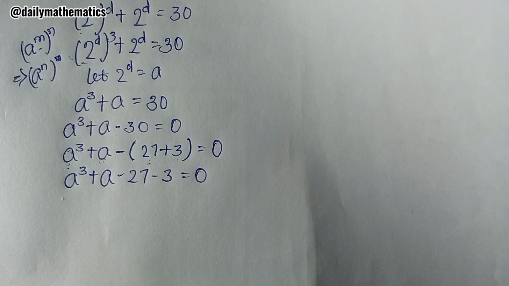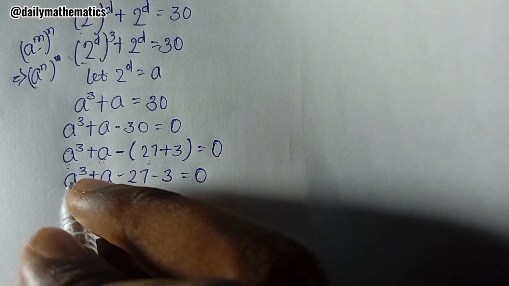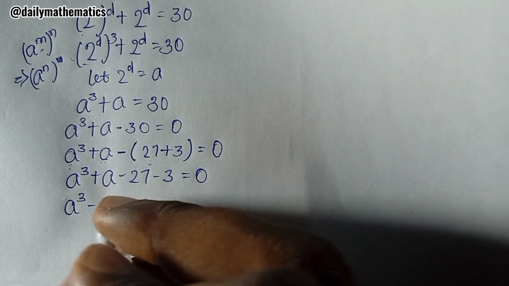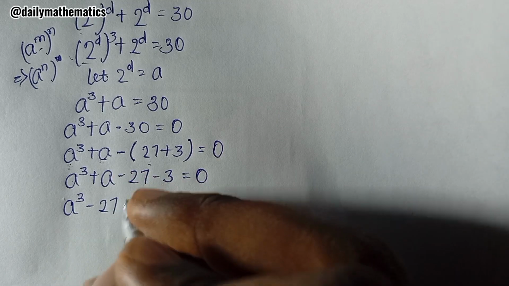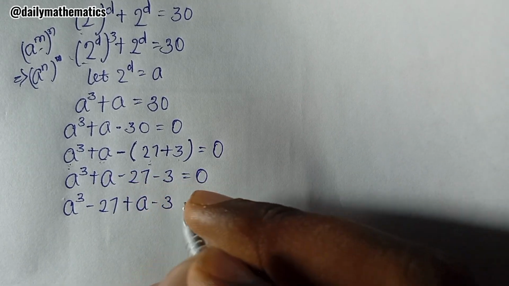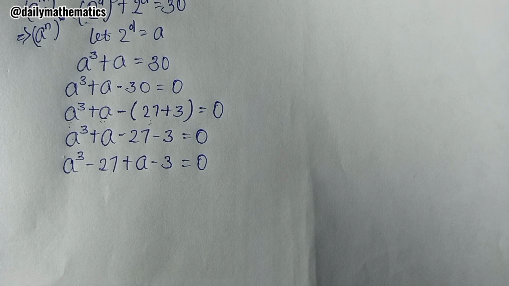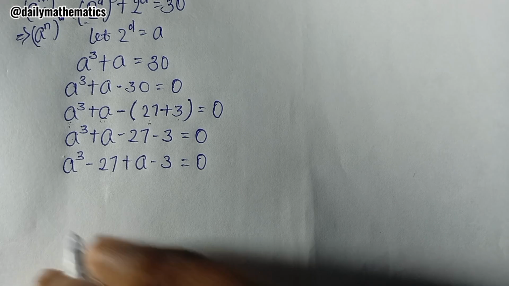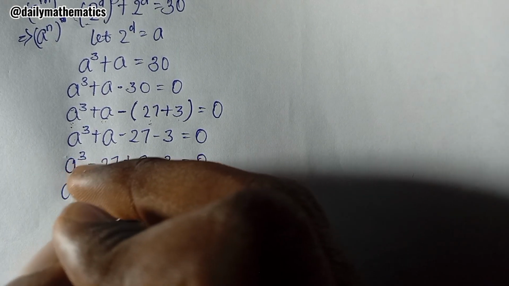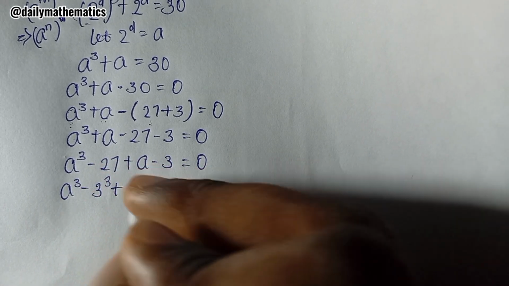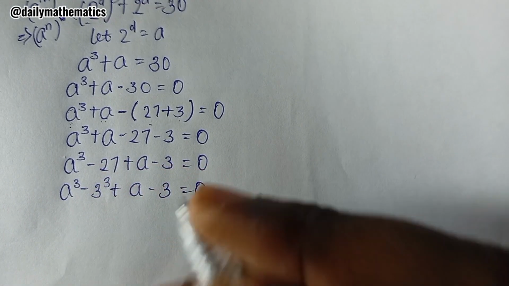All right, and so from here, we can join this to this place, and then we have a cube and minus 27, then plus a, and then the single number minus 3 equals 0. So we can see a cube minus 27. 27 gives us 3 cube, then plus a minus 3 equals 0.